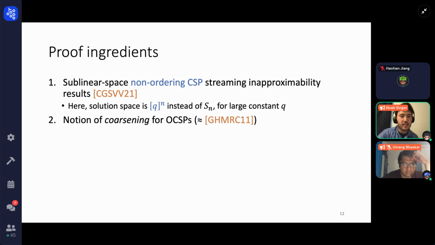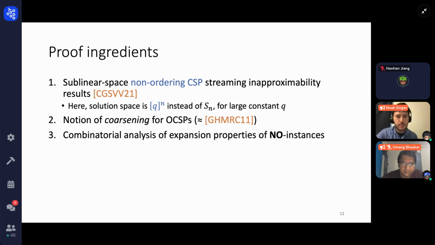Secondly, we use a notion called coarsening for ordering CSPs. This is essentially identical to a similar notion used in the Guruswami et al. work that showed the UGC hardness of approximation of OCSPs. Coarsening is essentially a way to take an ordering CSP and turn it into a CSP over a large but constant alphabet size.